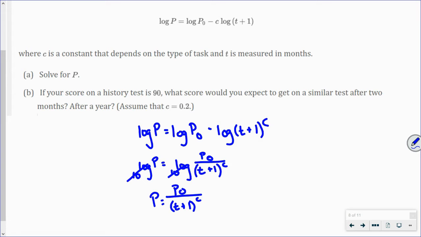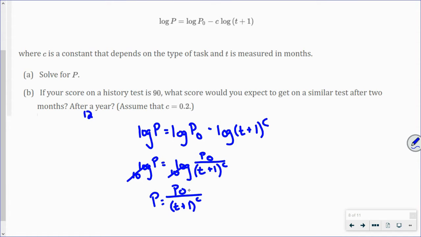Part B says, if your score on a history test is 90, what score would you expect to get on a similar test after 2 months and after a year? Assume that C is 0.2. So we have after 2 months, and a year is 12 months, because remember, T is in months.